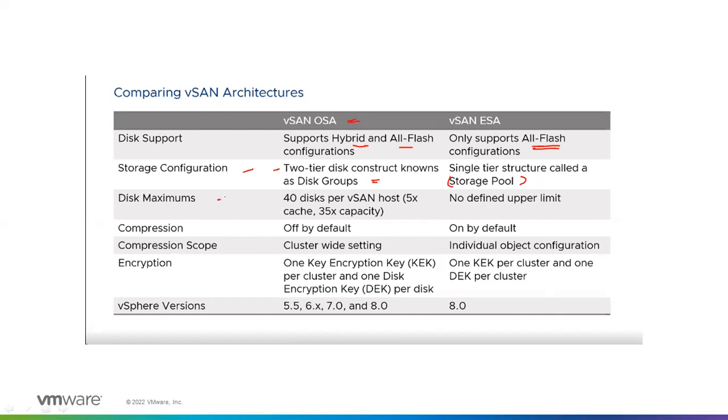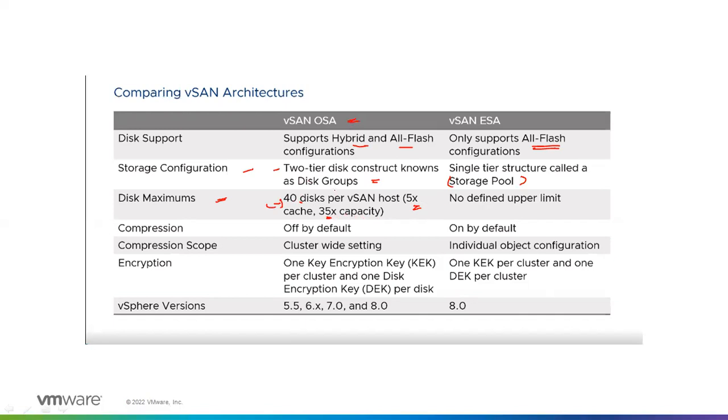For maximum disk configuration, we were talking about 5 disk groups and 35 capacity disks, so 5 plus 35, a total of 40 disks. Out of 40 disks, 5 were cache and the rest 35 for capacity.